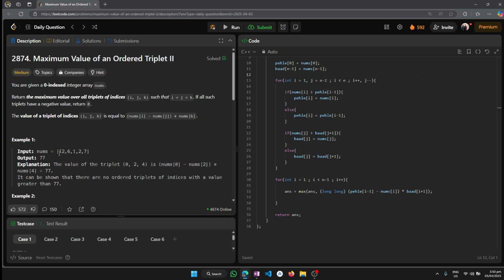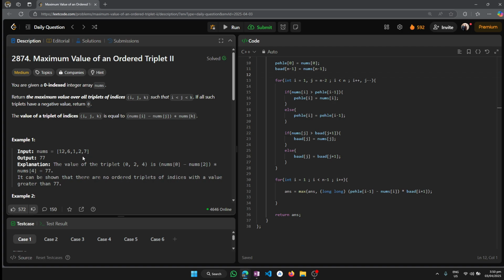So for example, if I had chosen 12, 6 and 1, with i as 0, j as 1 and k as 2, that would mean 12 minus 6 into 1. So that would be 6. But this is not the maximum value over all triplets. If I choose 12, 6 and 7, then 12 minus 6 would be 6 and 6 into 7 would be 42.